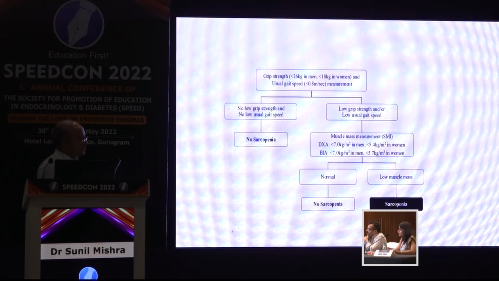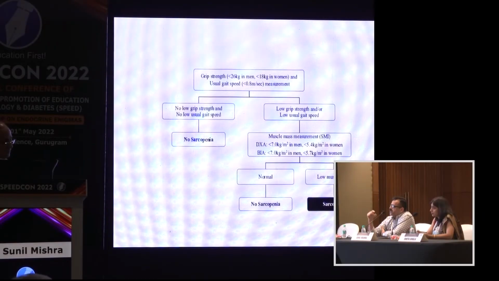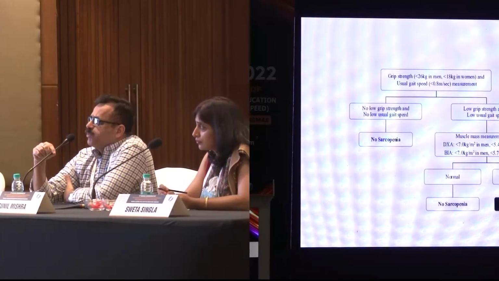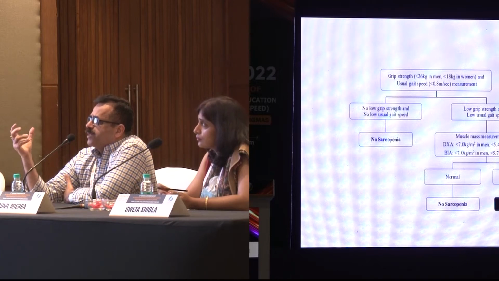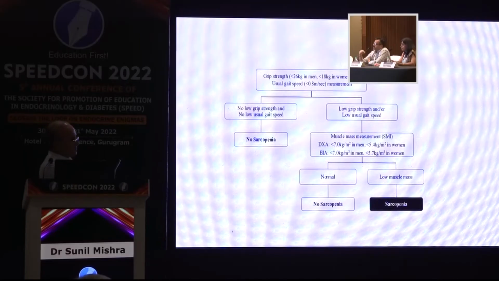In diabetes it also affects the muscle mass of the patient, so definitely there is acceleration of sarcopenia in a patient with diabetes. Various studies have found that in diabetes up to 30% of patients have sarcopenia. As you said, the Asian population has more sarcopenia because our fat cells are fatter than the rest of the world. So that could be the reason.